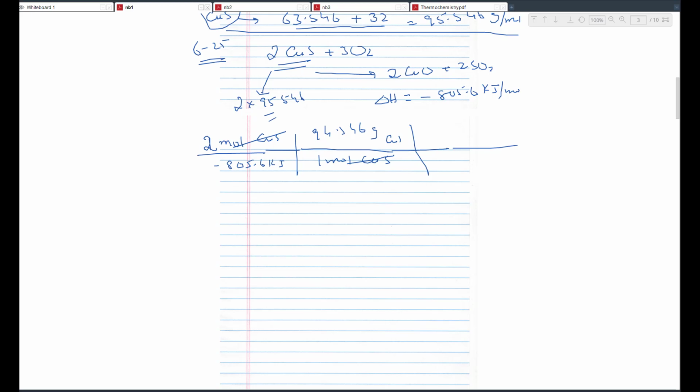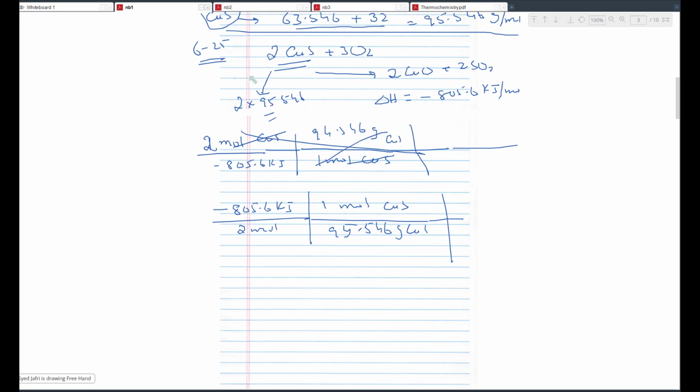So I think I put it the wrong way. This is not going to work. I'm going to put it opposite. 805.6 kilojoules for 2 moles. 1 mole is equal to 95.546 gram CuS.